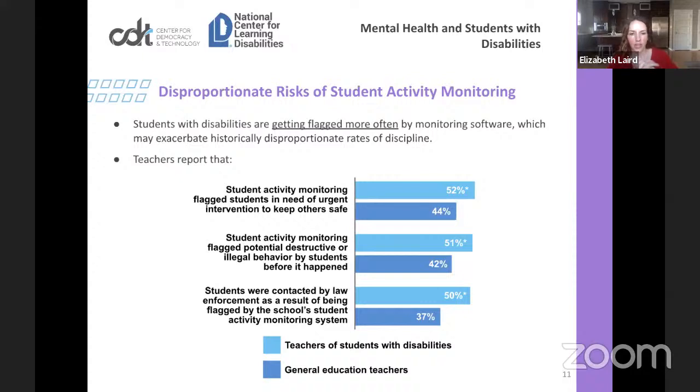It's also flagging when a student may be engaged in destructive or illegal behavior, and then students actually being contacted by law enforcement as a result of being flagged. 50% of teachers with students with disabilities said that had happened, compared to 37%. So when we see those numbers being driven up at an aggregate level, a lot of that is happening within the disability community.